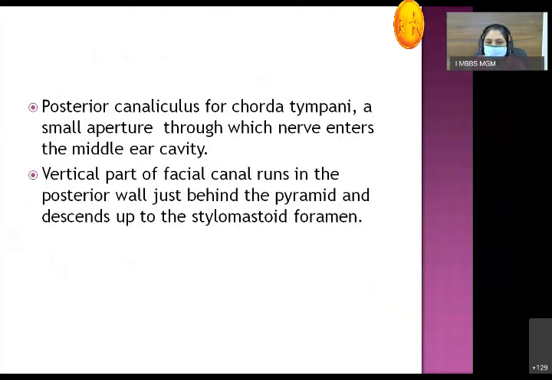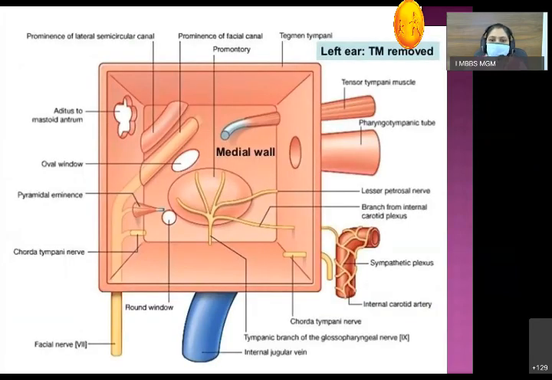If you see the diagrammatic representation, all features you can see. This is the promontory. This is the tympanic plexus over the promontory. This is the oval window. This is the round window.